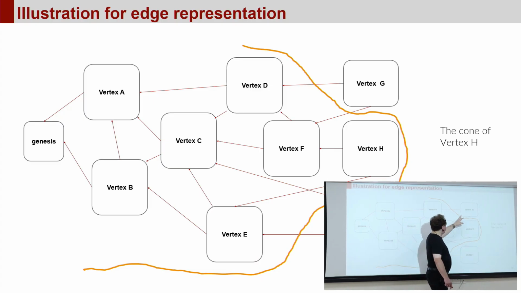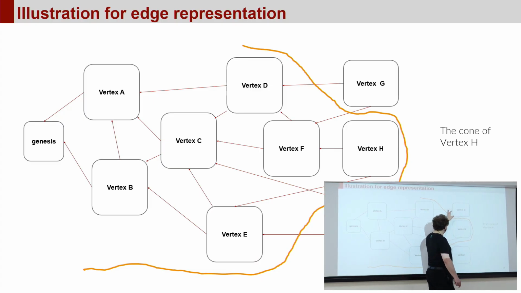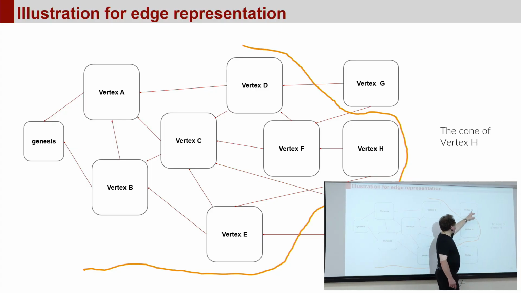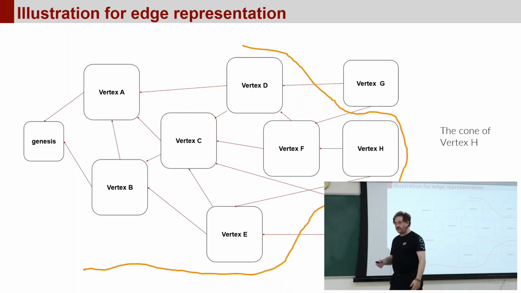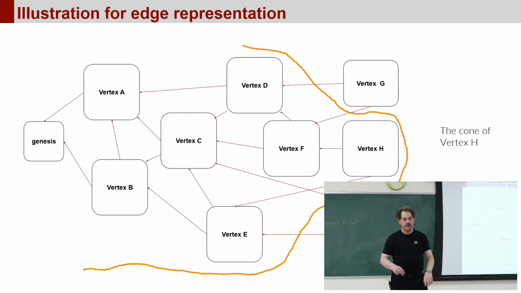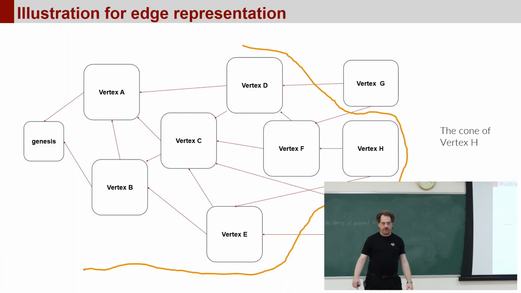So this edge may signify that vertex G votes for vertex D, and the lack of the edge, lack of the path, in fact, from vertex G to vertex E signifies that vertex G doesn't vote for vertex E. And therefore, between the two conflicting vertices, according to G, we need to pick vertex D. And if all other vertices do the same, then this is how we would resolve the conflict.